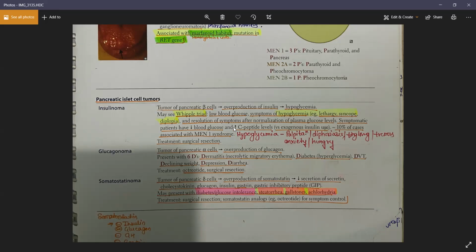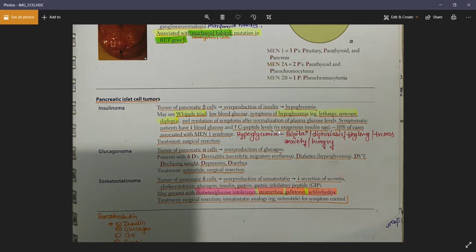The patient is having hypoglycemia. What would be the next thing you will check in the patient? That would be the C-peptide level, to make sure whether it is exogenous or endogenous insulin use. Because sometimes you have malingering patients, so for those you need to check the C-peptide levels. Any doubt on the insulinoma?